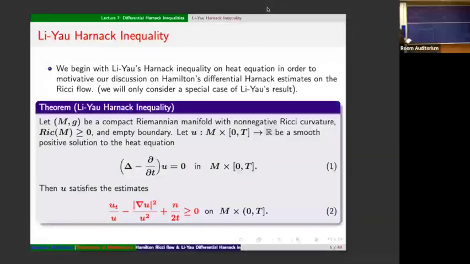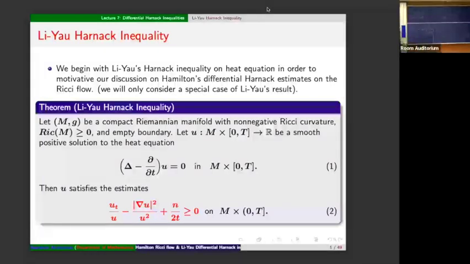If f is log u, gradient of f is just gradient of u over u, and the gradient of f squared is just the gradient of u squared over u squared. The same thing with the time derivative. Which means this implies that f over t is gradient of u squared over u squared minus u_t over u.